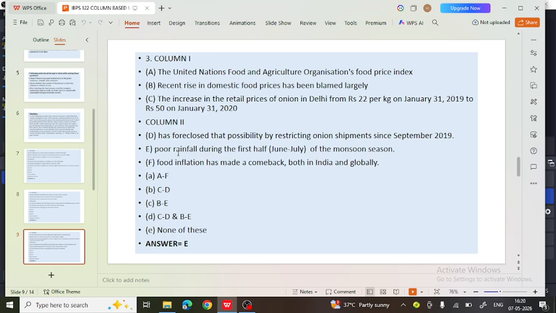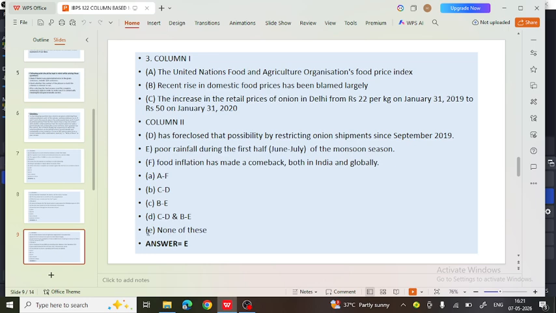So poor rainfall will not go with that, and food inflation has made a comeback both in India and globally. So all these three options are not going with the three parts or phrases given in column 1. So these are not forming any pair, and that's why none of these. So the option is what? Option none of these means E.